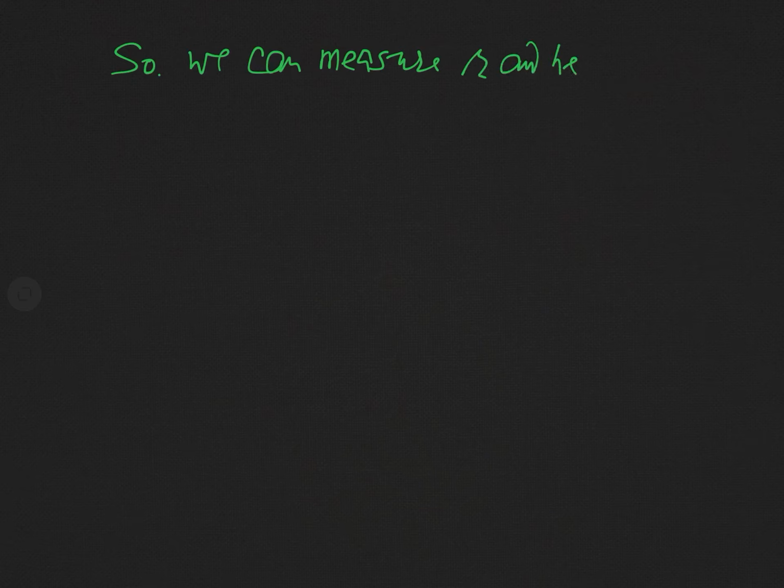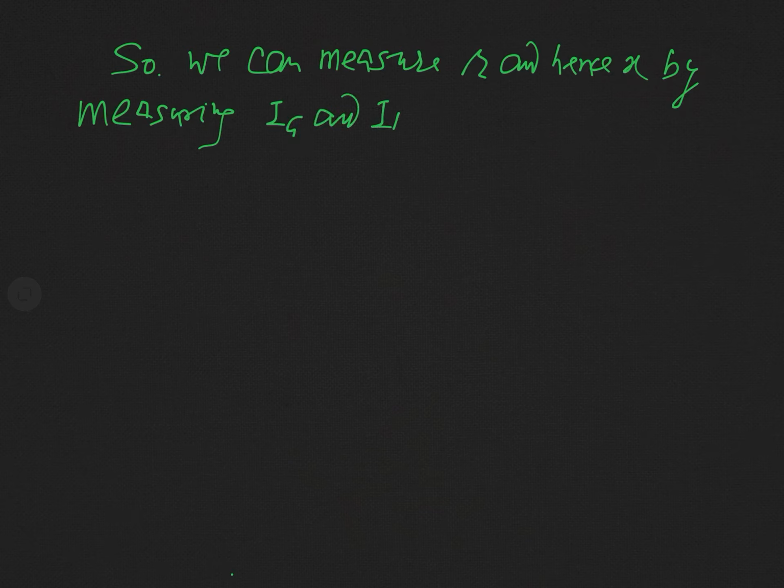So you can see from this result that by measuring the intensity of the two lines, that is G lines and K lines, we can obtain the value of R, and if R is known, you can obtain the value of X. So we can measure R and hence X by measuring Ig and Ik.